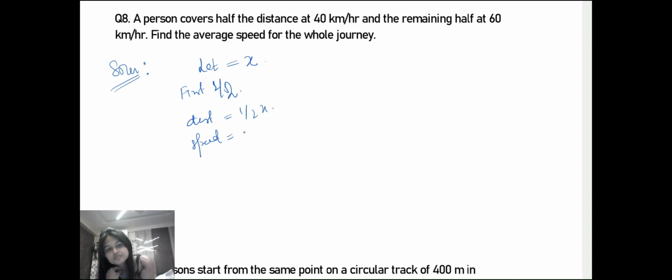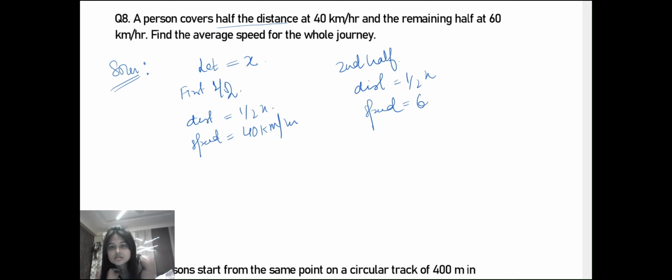Speed is 40 km per hour. And for the second half, distance is again half x, because it is given half the distance. Speed given is 60 km per hour.